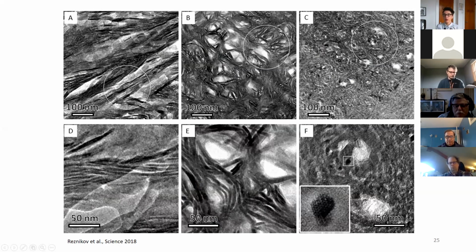And only when we are lucky enough, in very rare cases, when we manage to cut mineralized collagen fibrils exactly perpendicular to their axis, they are oriented in these galaxy-like assemblies, like spiraling formations, each of which has the maximal radius of around 100 nanometers. And we can also see crystallographic reflections that tell us that these crystals have hexagonal symmetry.